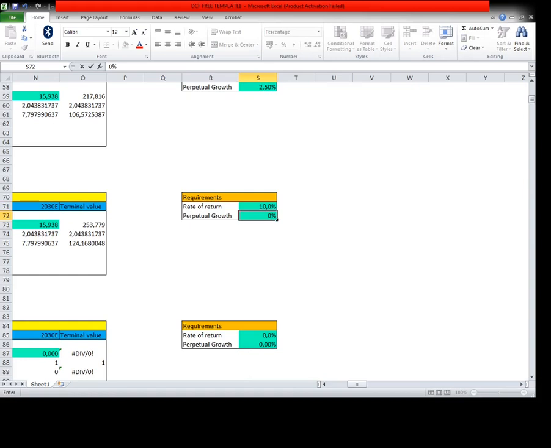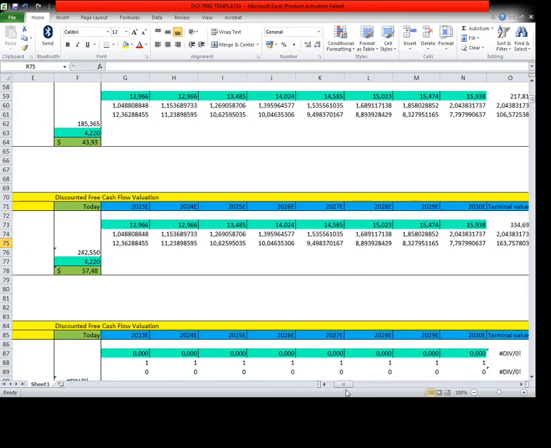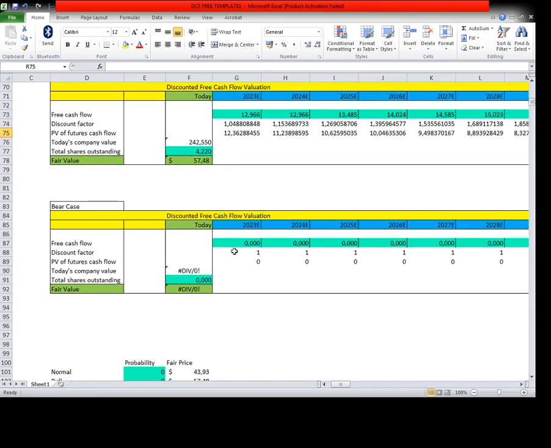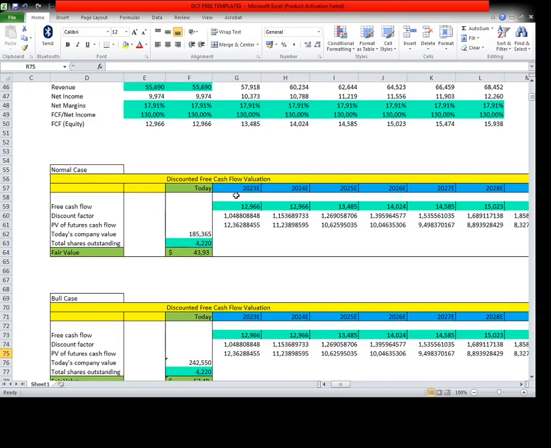For the perpetual growth, let's say we are bullish on the company, so we'll expect a good perpetual growth. Let's give it 5% growth, and let's check the fair value for the stock. If we are really bullish on it, the fair value will be $57.48.